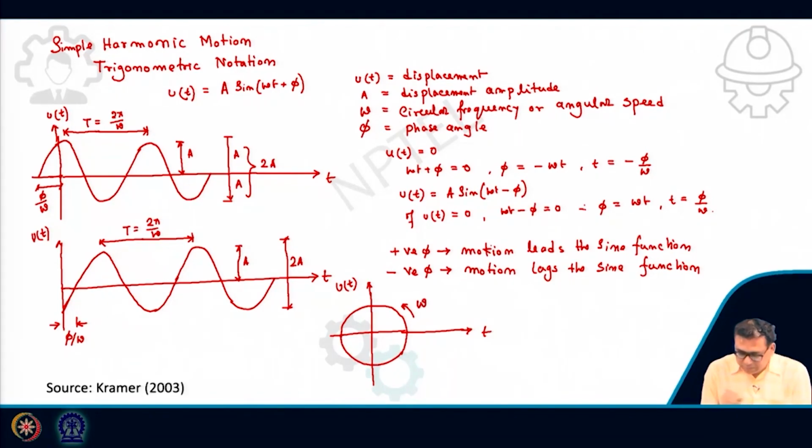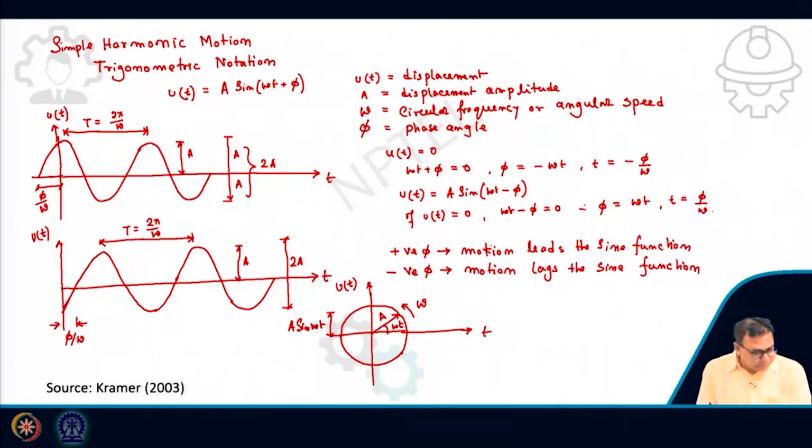So omega is the circular motion, and now at any angle omega t, this is the omega t angle, and if this value is A, then this will be A sine omega t.